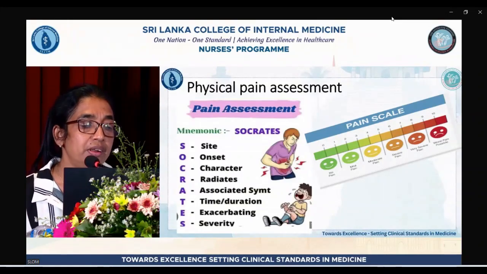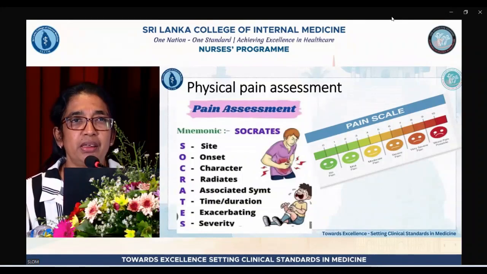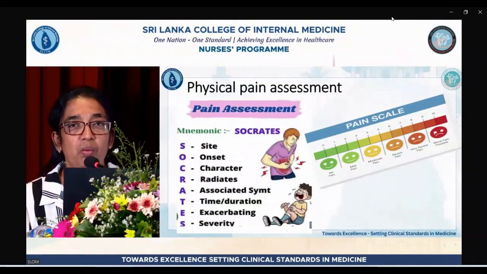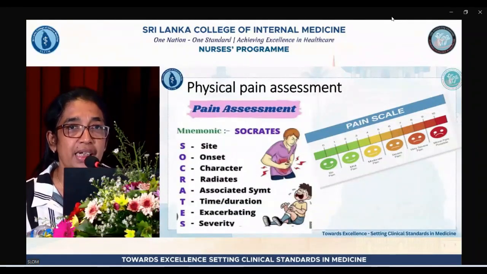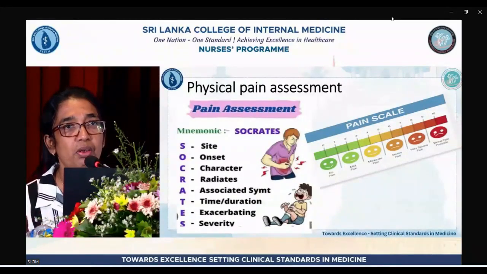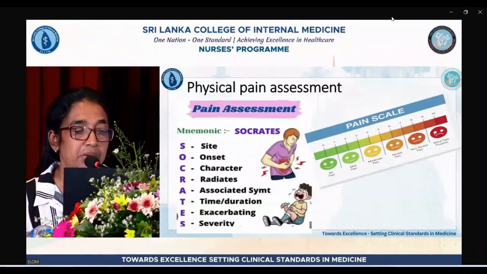So site, onset, character: what type of pain you have, dull ache or aching type, numbness, tingling. These different characters differentiate different types of pain. As it is not the time to talk in detail, I'm just going through what it is.